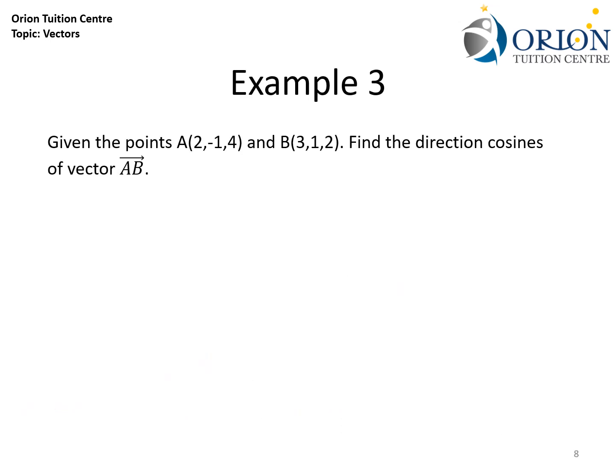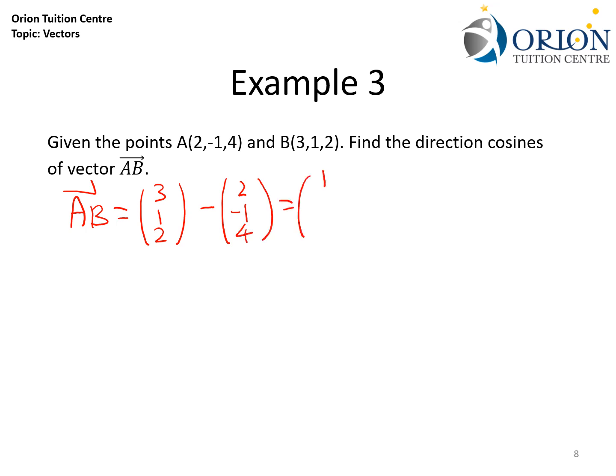In example 3, we are now asked to evaluate the direction cosines of vector AB given that we know the points A and B. So the first thing we have to do is to obtain vector AB. Vector AB will be equal to (3, 1, 2) minus (2, -1, 4), which gives us (1, 2, -2).